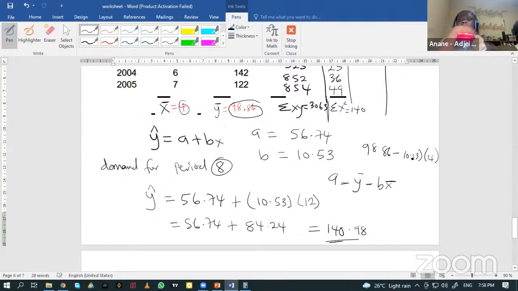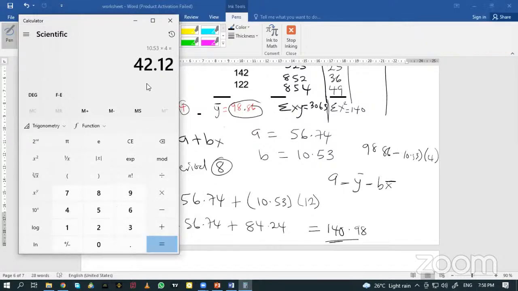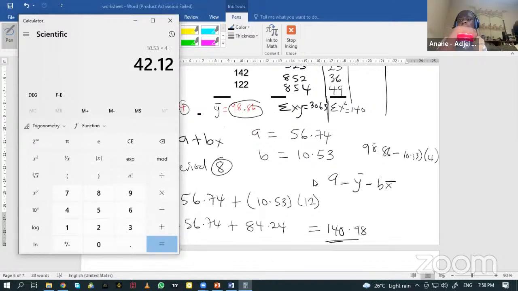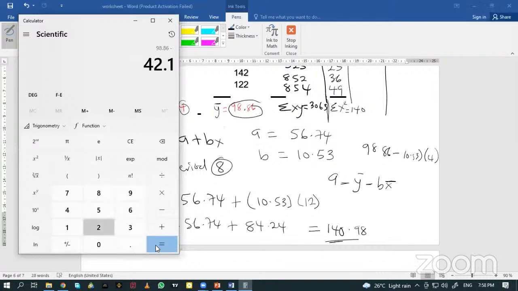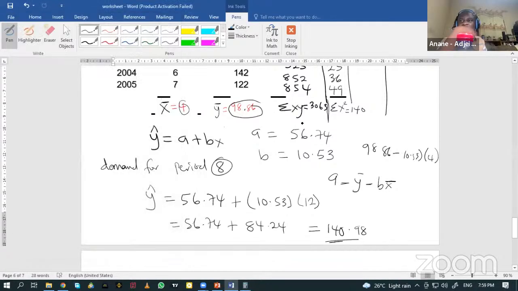Okay, so 10.53 multiplied by 4. That's 42.12. So subtract 42.12 from 98.86. That gives 56.74. I hope you get it now. Yes, please. Thank you. Okay, thank you.